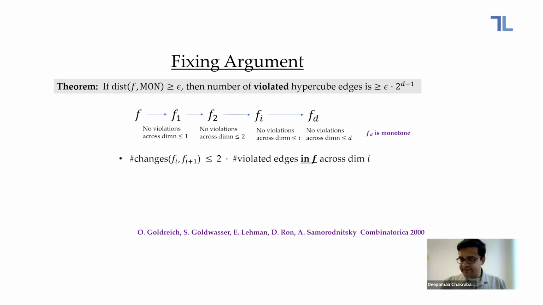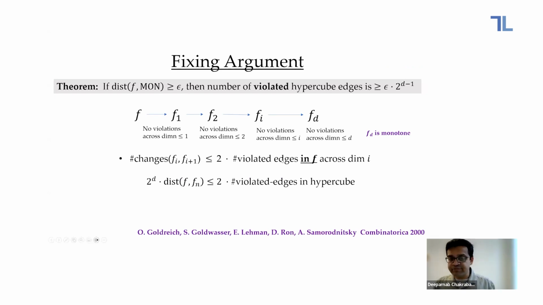Now, if I were able to do this, then the total number of changes I make when I go from f to fd is just the sum of all these changes, it's 2 times the number of violated edges in the hypercube altogether in f. So that's what I get.